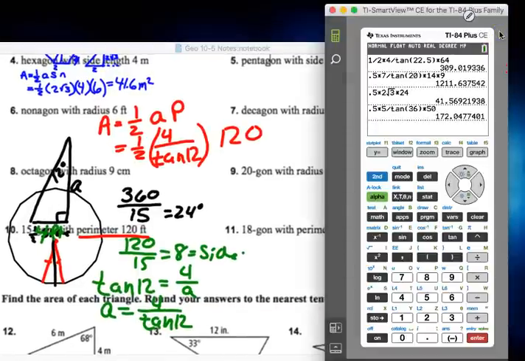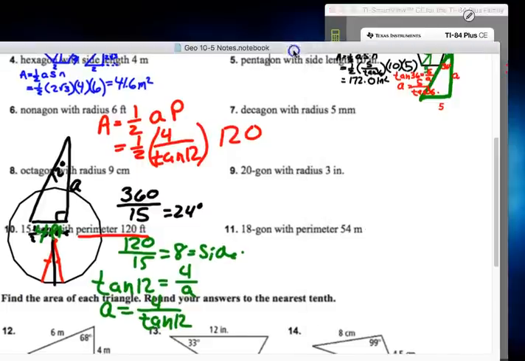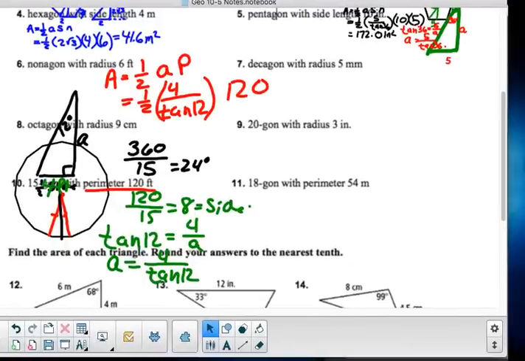So I've got 0.5 times 4 divided by tangent of 12, right parenthesis, times 120, that's the whole perimeter, or that's n times s. And that's 1,129.1.